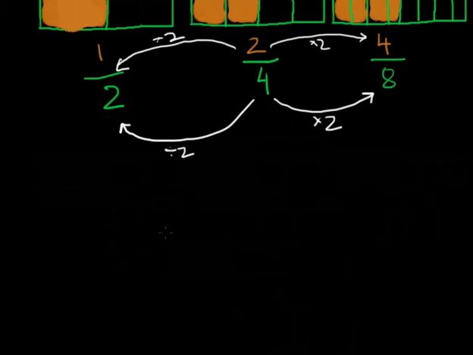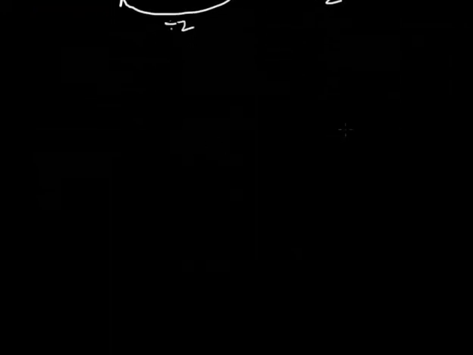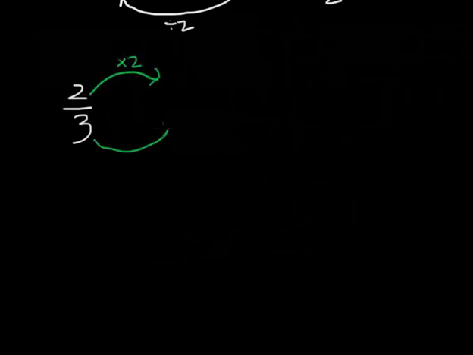Let's do a small problem to understand it better. For example, there is a fraction 2 by 3, and we want to get some equivalent fractions out of this through multiplication. So just multiply this, let's say by 2, this also by 2, and it will give us 4 by 6.